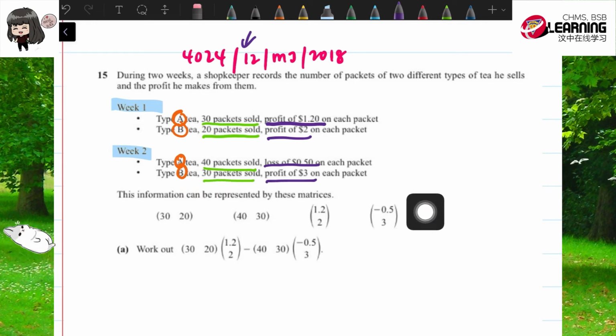You look at these 4 matrices. What are they actually? This 30 and 20 is basically TA and TB on week 1.